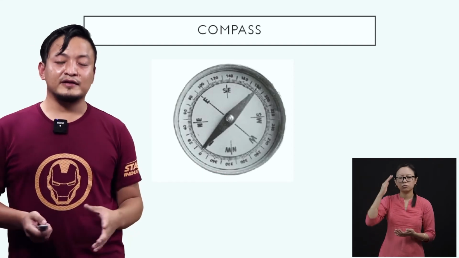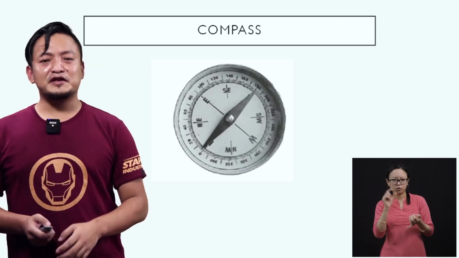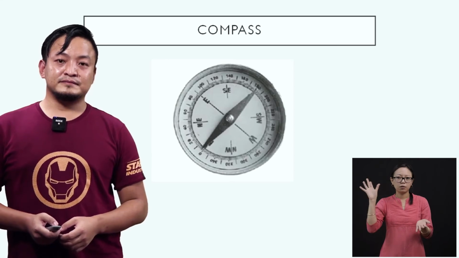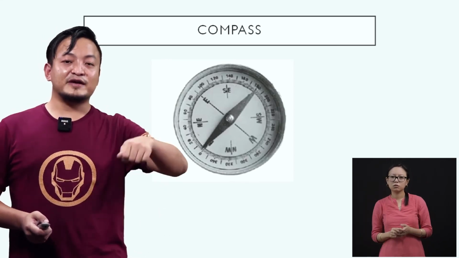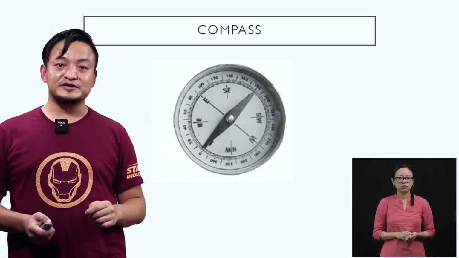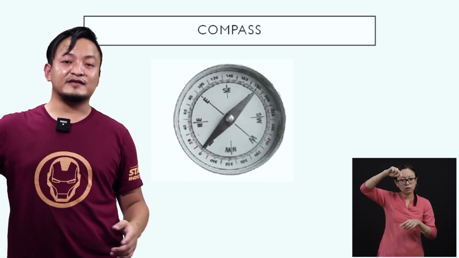Many travelers carried a magnet, and they performed the activity which we did. They suspended the magnet freely, because the magnet will give us a north-south direction, and they compared it with the direction of the sun.